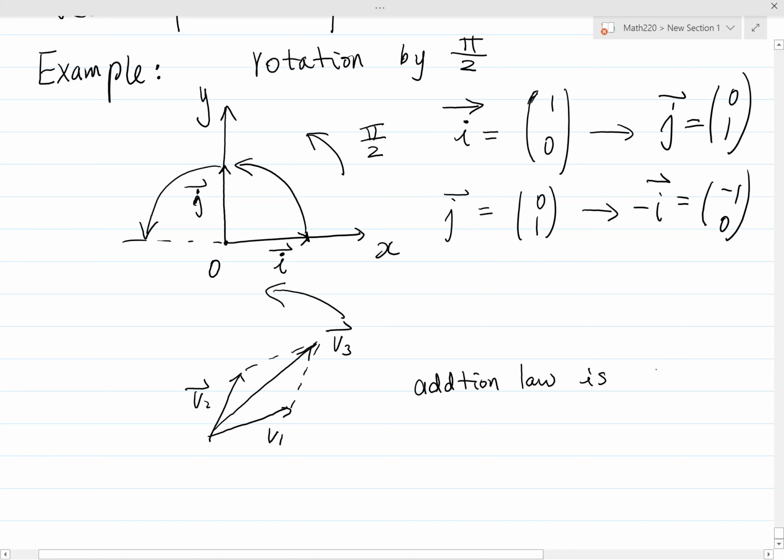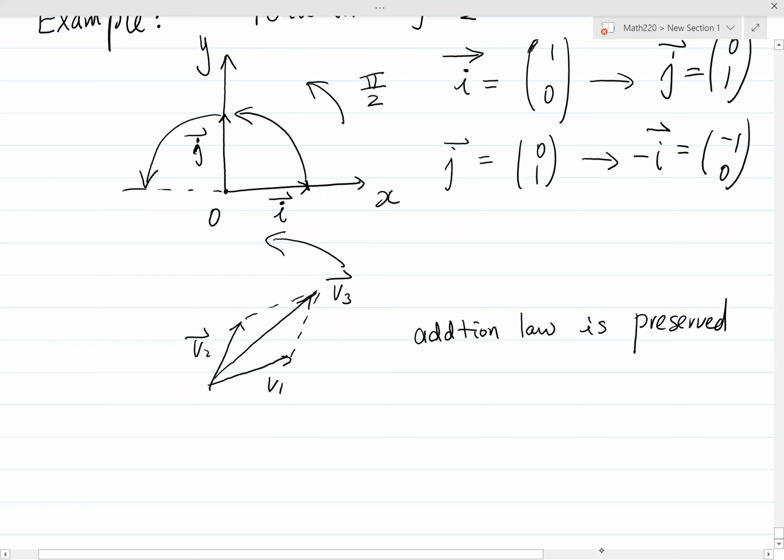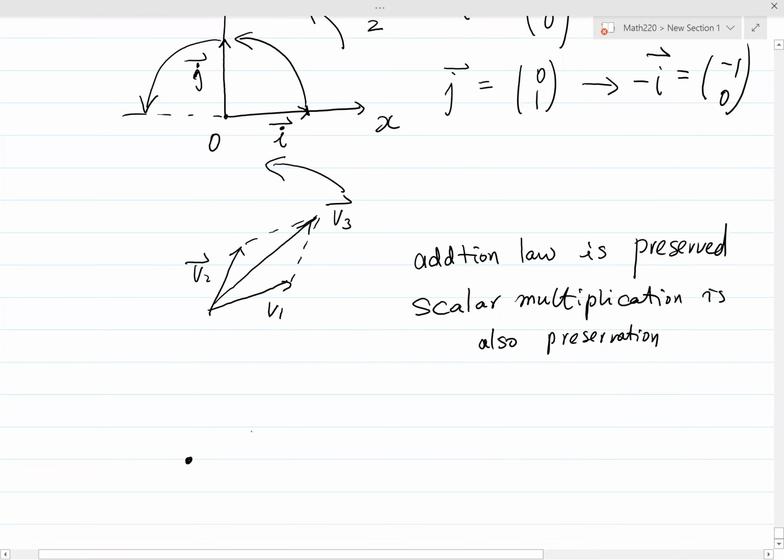So we still preserve the vector space structure. The addition law is still true. Scalar multiplication is also preserved. For instance, if you make a vector twice longer and then rotate it, you get this vector, and then this vector.